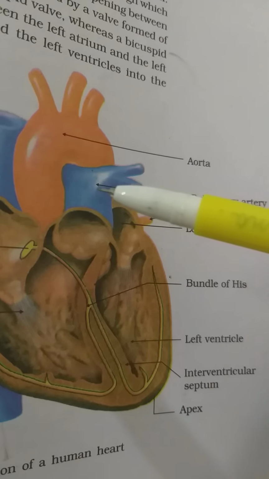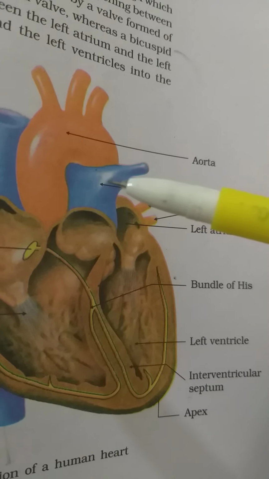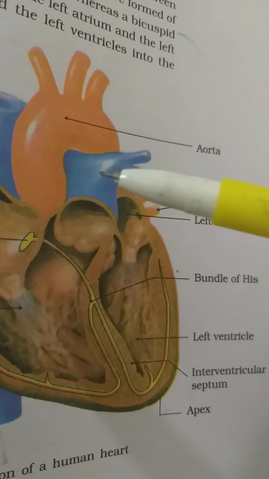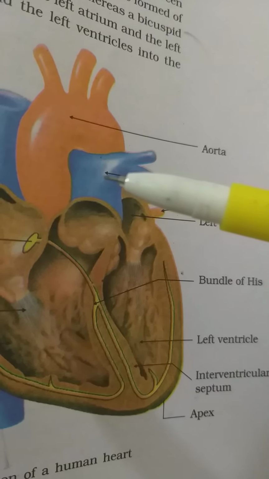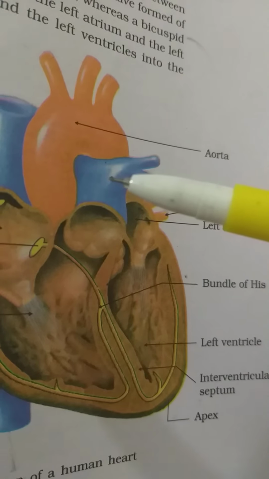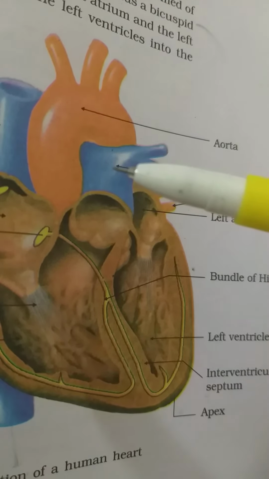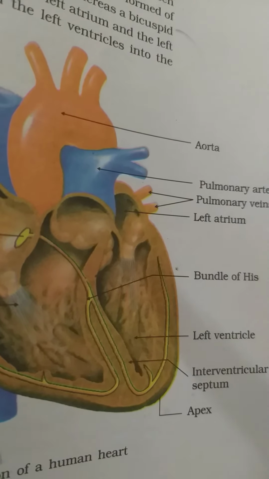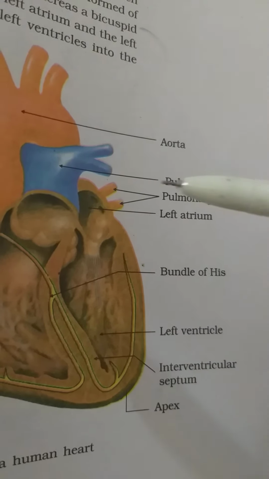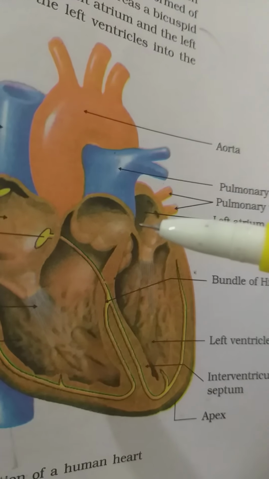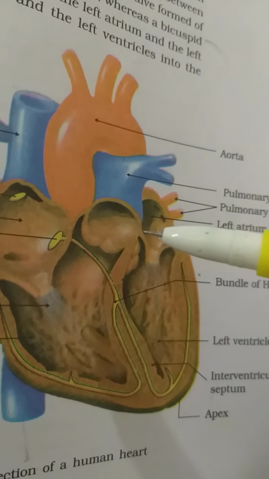In the lungs, the deoxygenated blood becomes oxygenated. The oxygenated blood is collected and carried by pulmonary veins and pumped into the left atrium.